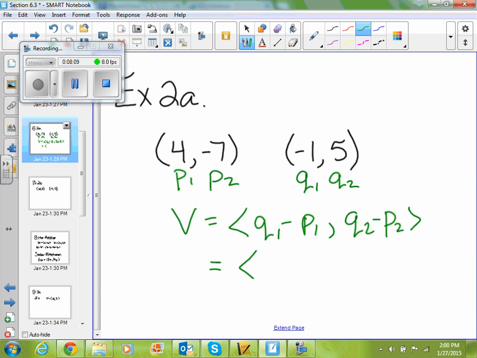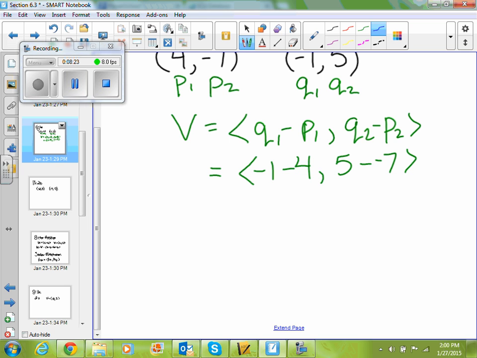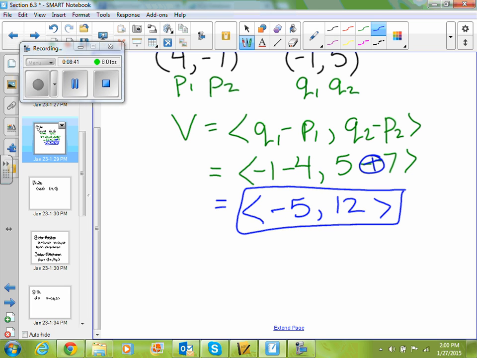So in this case, my Q1 is -1 minus my P1, which is 4. And my Q2 is 5 minus my P2, which is -7. So simplifying those, -1 minus 4 is -5. 5 minus -7 becomes 5 plus 7, which gives me 12. So my component form of my vector is <-5, 12>.